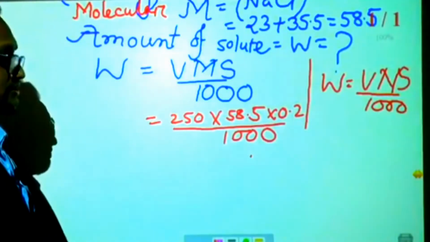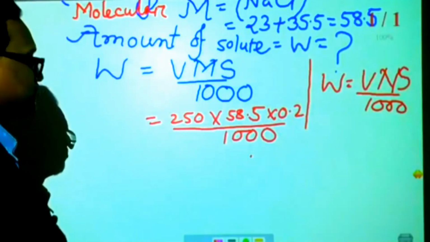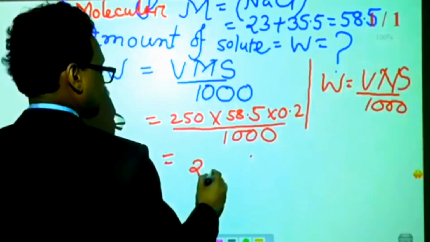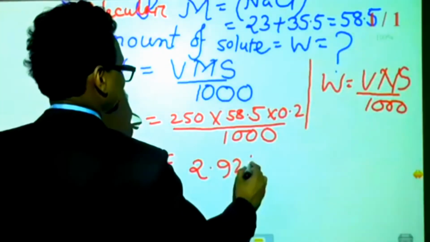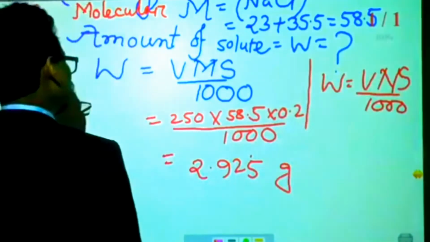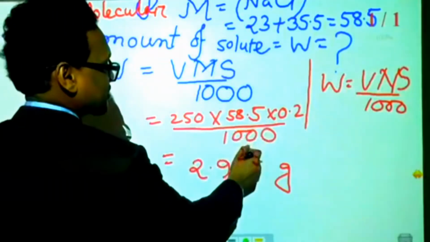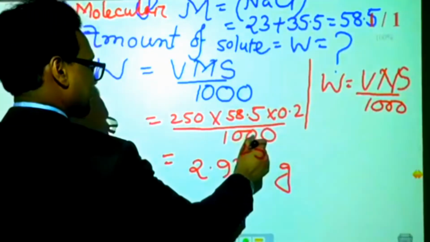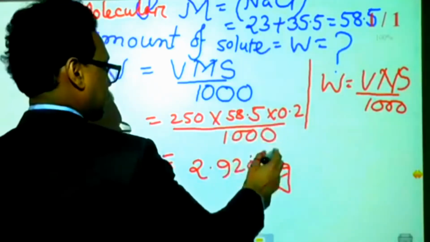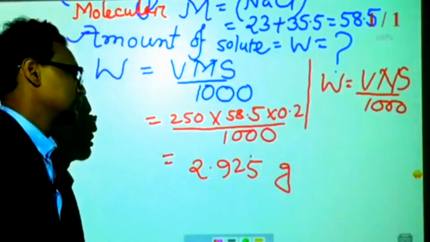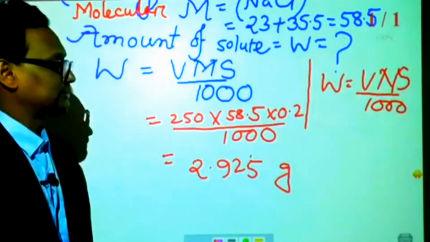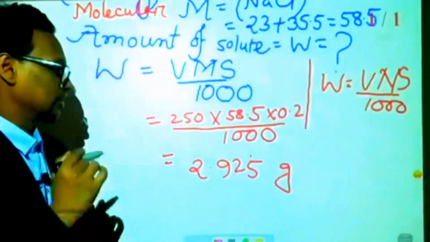So my dear, it's the easiest way to determine the value, which will be 2.925. Just use your calculator, then you will get the result.